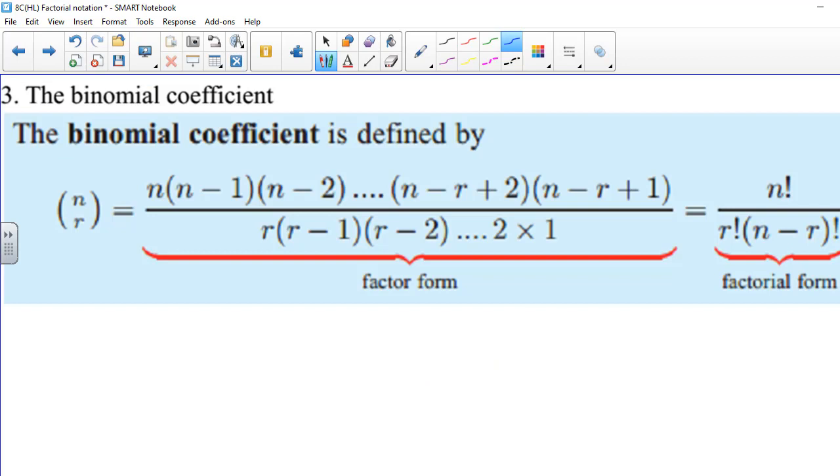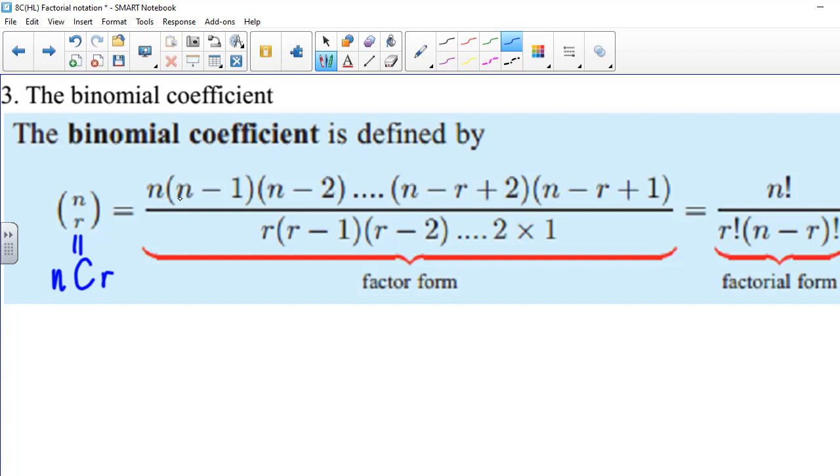The binomial coefficient. The binomial coefficient is defined by nr. This symbol can also be written as nCr. This is a combination symbol. It means from the n objects, I take out r objects and put them together.